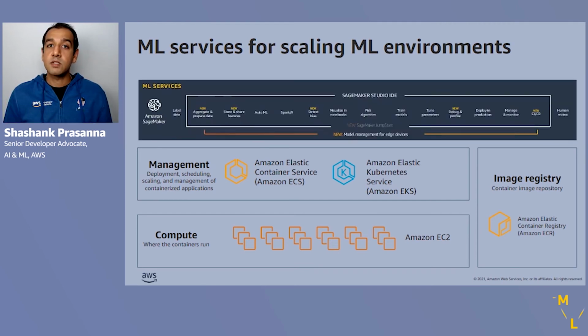So with Amazon SageMaker, you get all these machine learning capabilities for an end-to-end machine learning workflow, all the way from dataset labeling to managing with Studio Notebook, which is an IDE for machine learning development, and fully managed notebook instances as well.